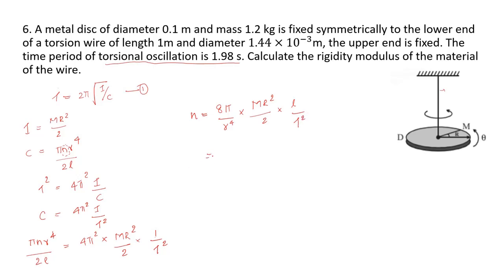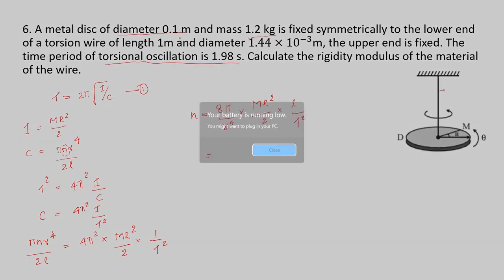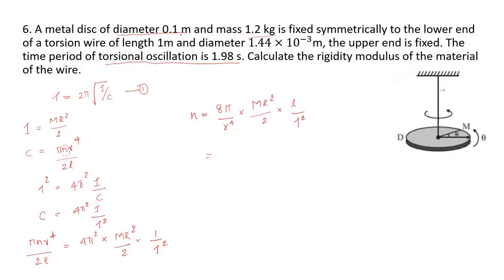On substituting for all these values, we have the mass of the disc that is given as 1.2 kilograms. We have the radius of the disc, and we have the diameter of the disc, which is given to be 0.1 meter.